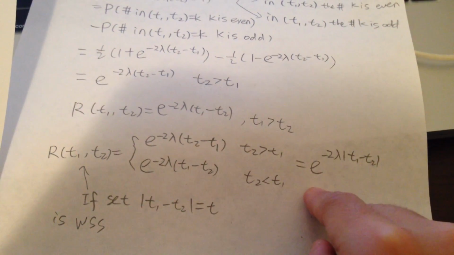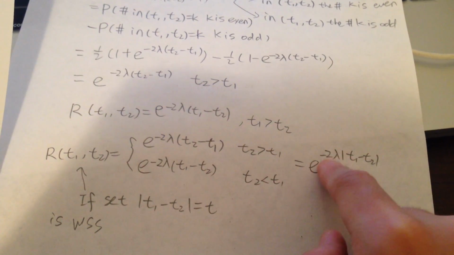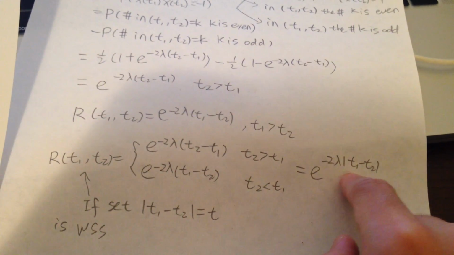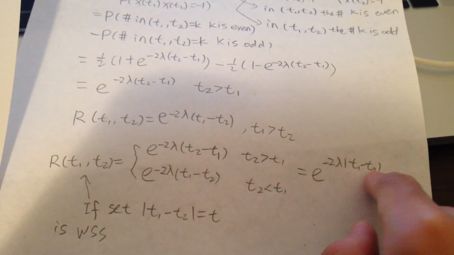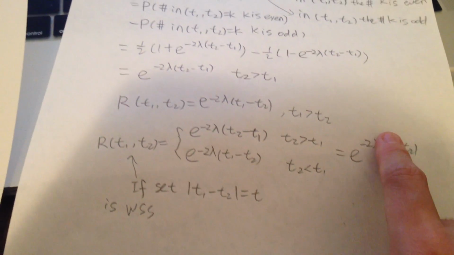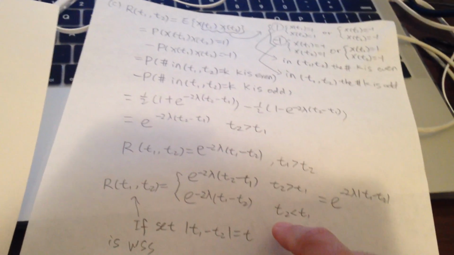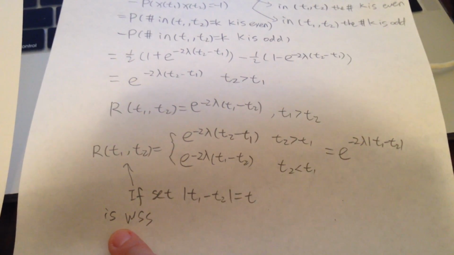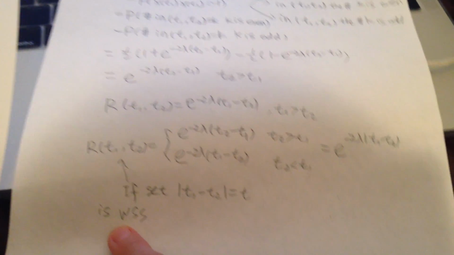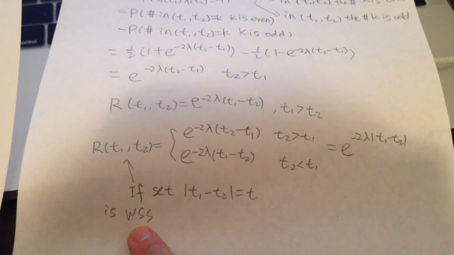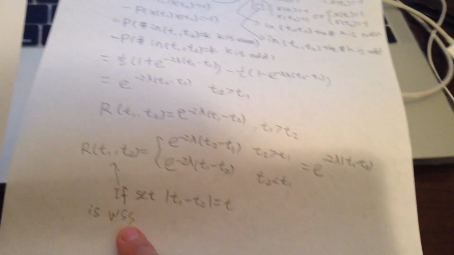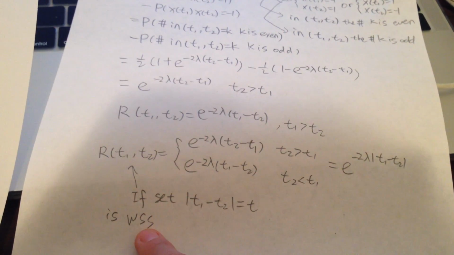It can also be written with the absolute value of T1 minus T2. Considering all the information, we can make sure that the process is wide-sense stationary.